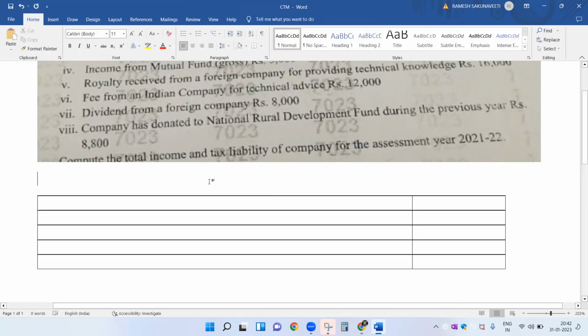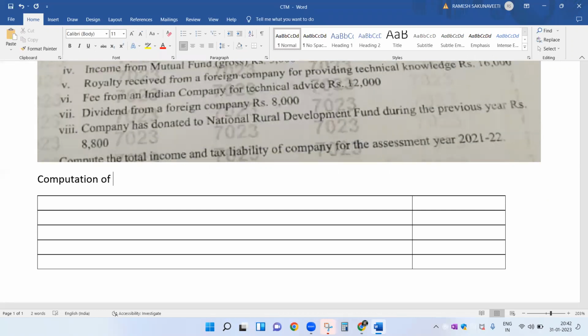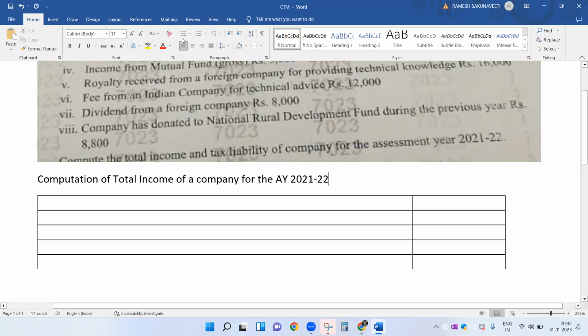So this is computation of total income of a company for the assessment year 2021-22. This is in the last year's question paper, this problem came.